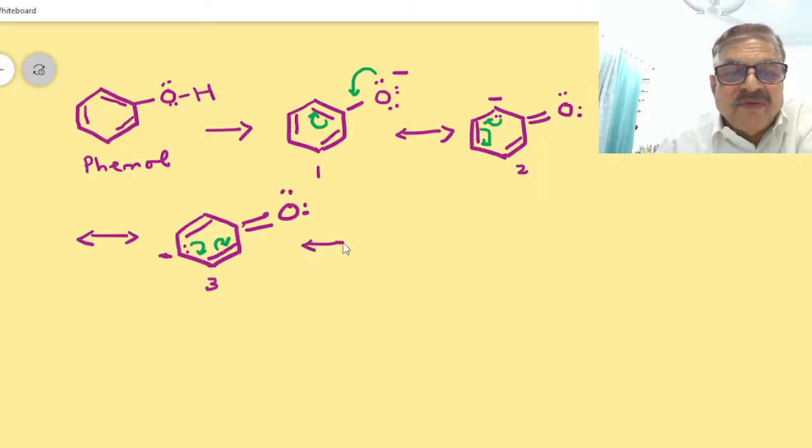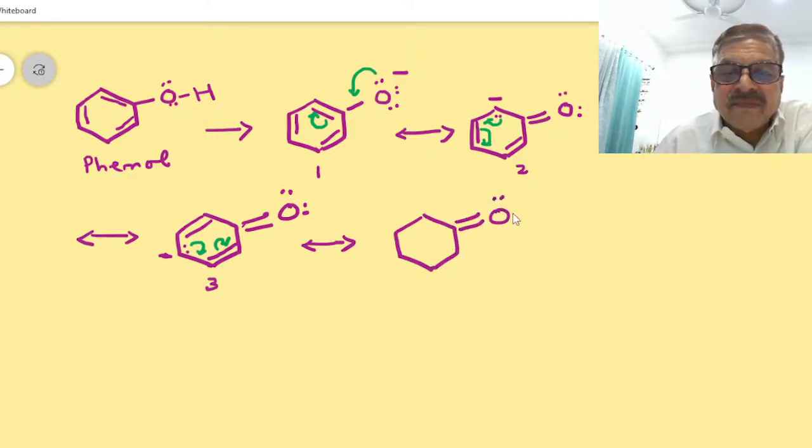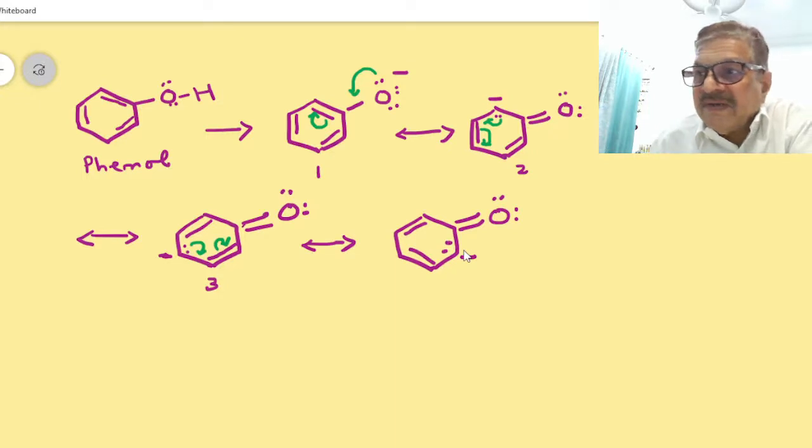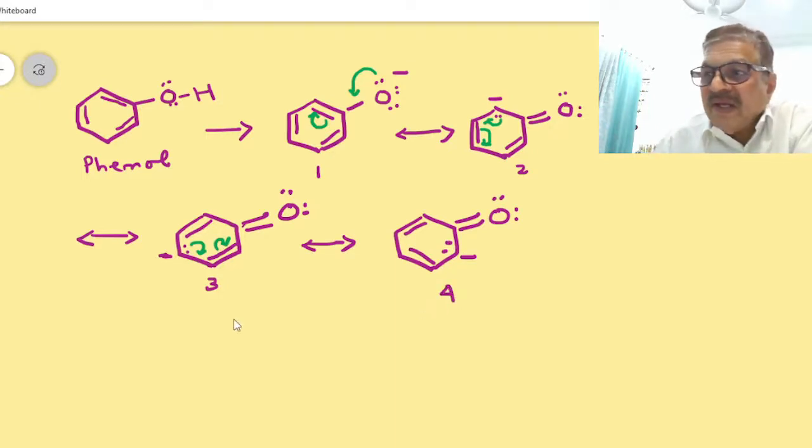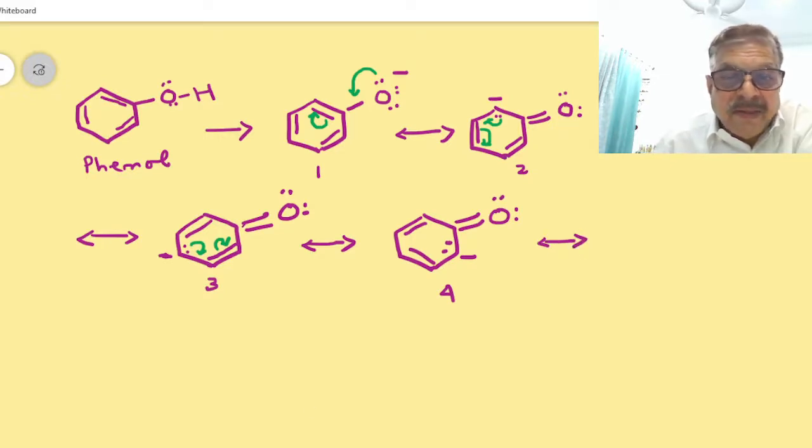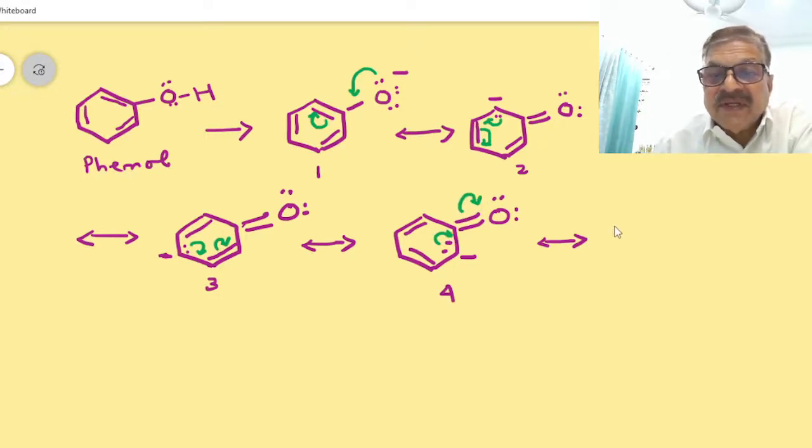Now structure 4 will have a negative charge here. This is structure 4. Then for the next structure, this electron will migrate here. This will go like this, this will go like this. Then we get the fifth resonance structure here.